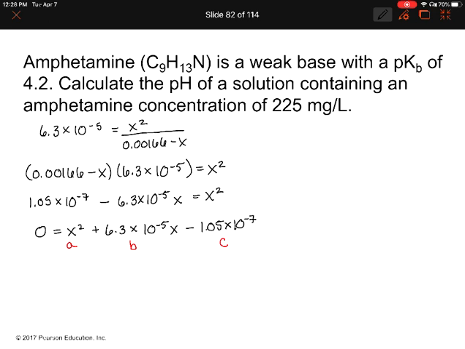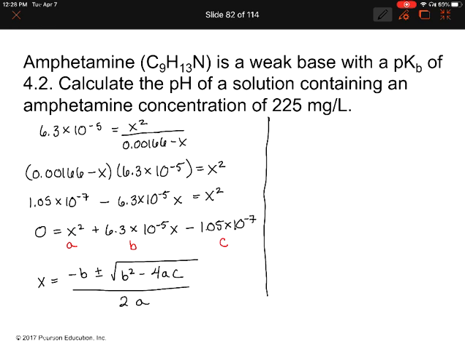And then remember that the quadratic formula tells us that x is equal to negative b plus or minus the square root of b squared minus 4ac all over 2a. So let's plug in each of those values.